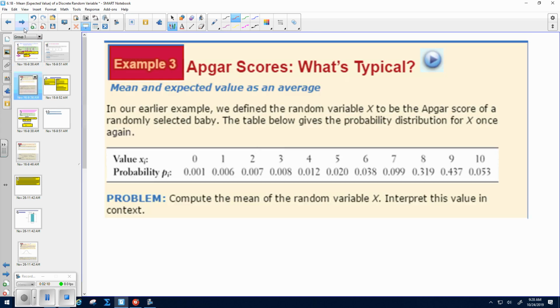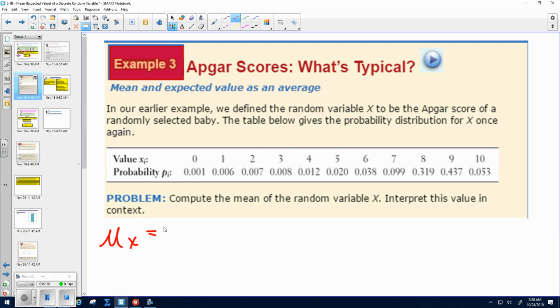So let's try one. Back to our APGAR scores, our random babies and the scores they get right after they're born. Compute the mean of the random variable x and interpret this value in context. So I want to find the mean, so I'm going to write mu of x.